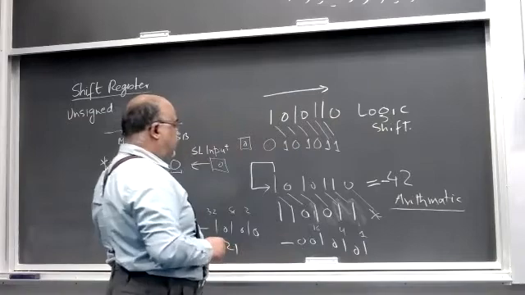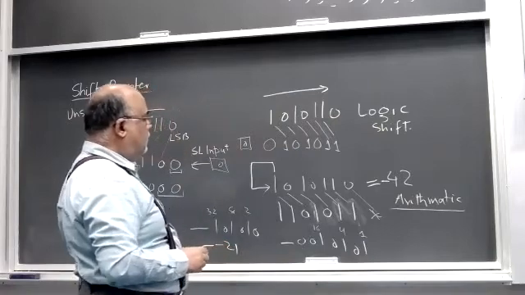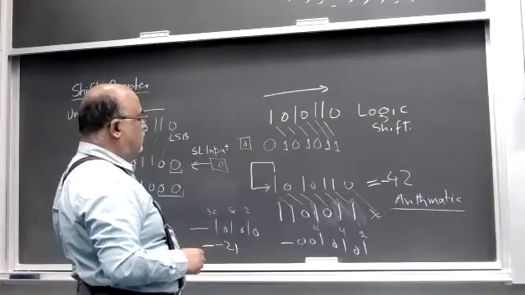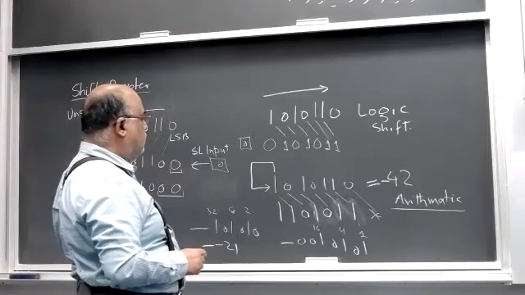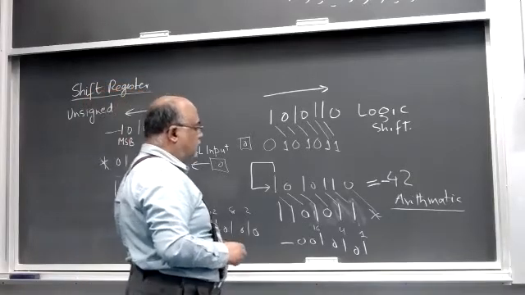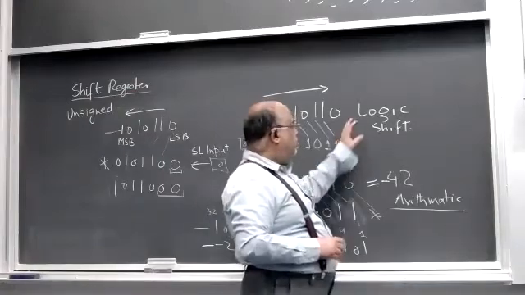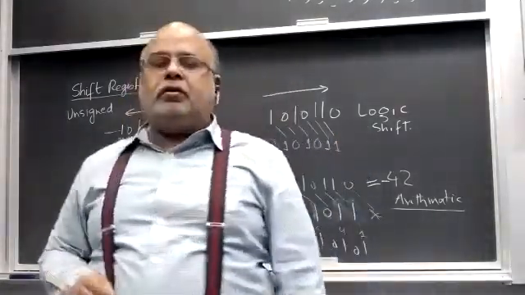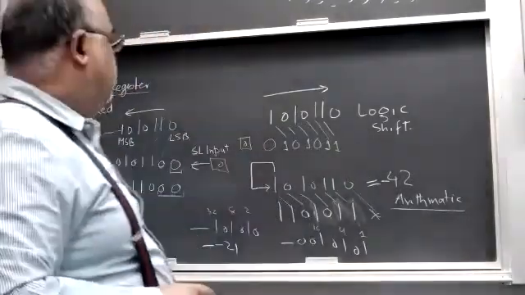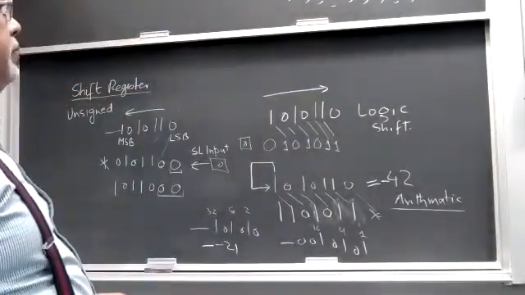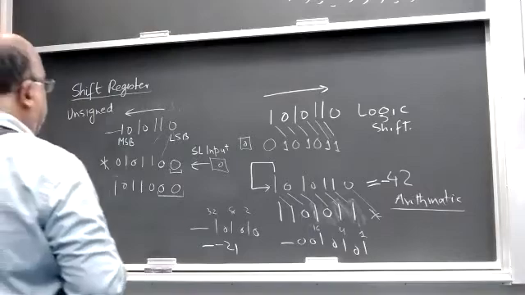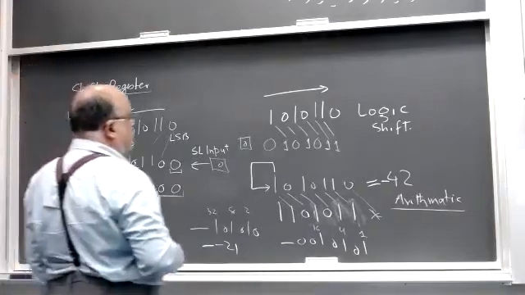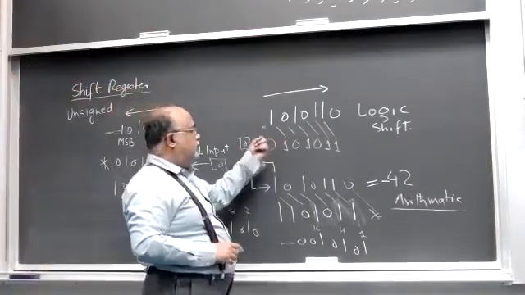So you have to find some hardware ways to take care of this. When you do a signed number, there is not one assembly language instruction generated. It requires multiple assembly language instructions to do arithmetic shift. Only logic shift is done in one clock cycle or one instruction.